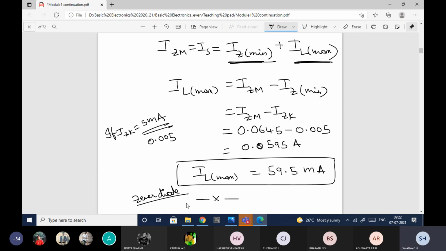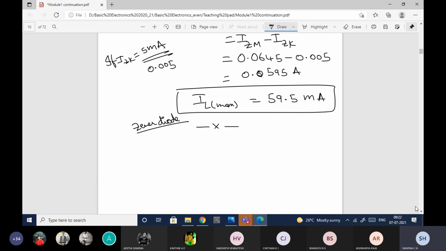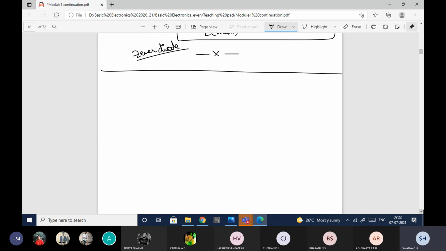No doubt. Okay, fine. So let me go to the special type of diodes which you have already studied. In your physics you people have studied. So there are three types of special diodes. The first one is photodiode.